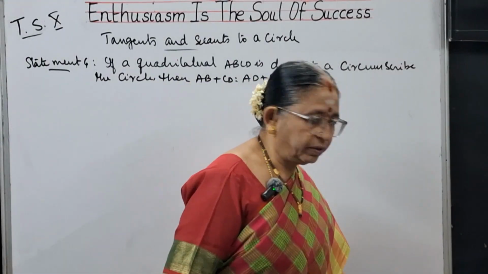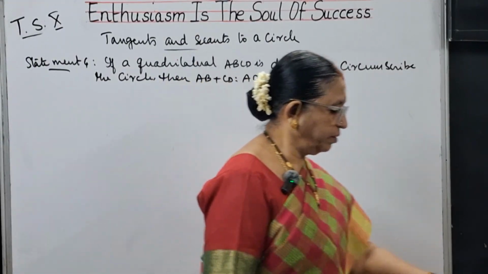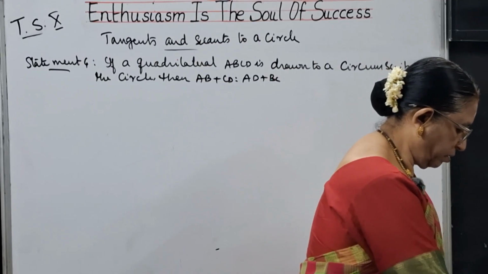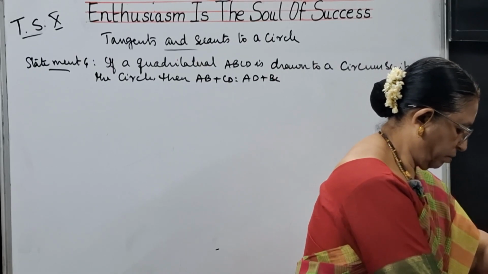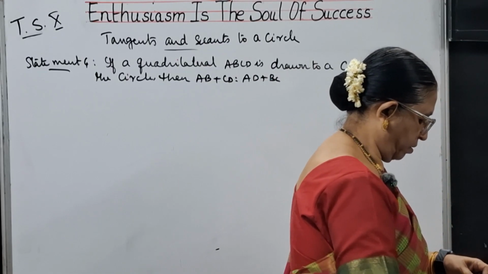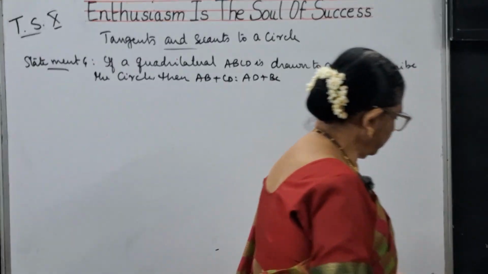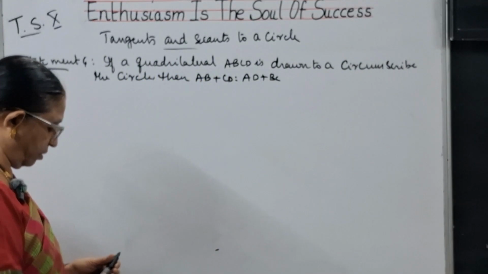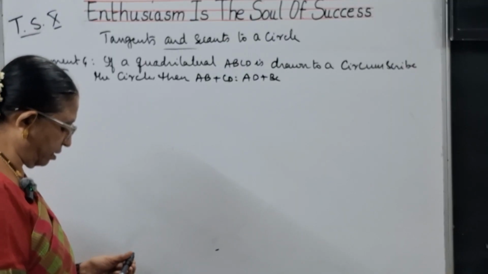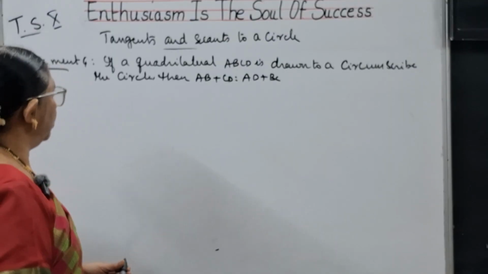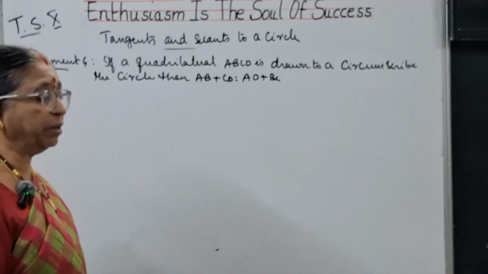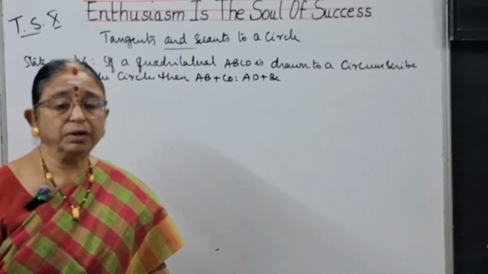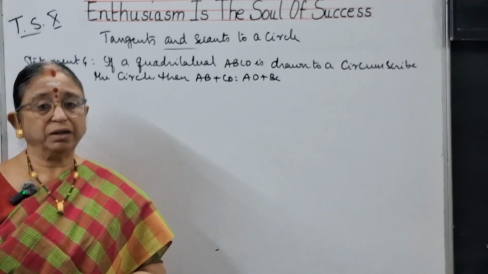Now, the next one, children. You need to prove that if a quadrilateral ABCD is drawn to circumscribe a circle. What do you mean by circumscribe? In your lower classes you have learned about circumcircle.